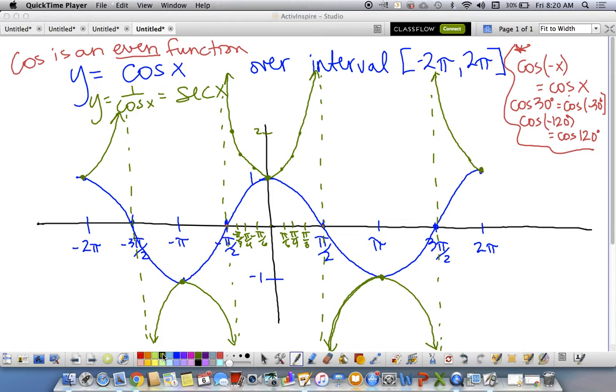Okay. So the little parabolas in green and the asymptotes are our secant graph. I'm going to go on the other page because this feels like a lot on one page, and it probably is. Okay.